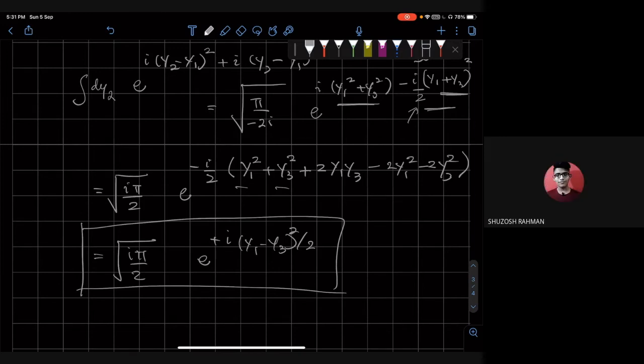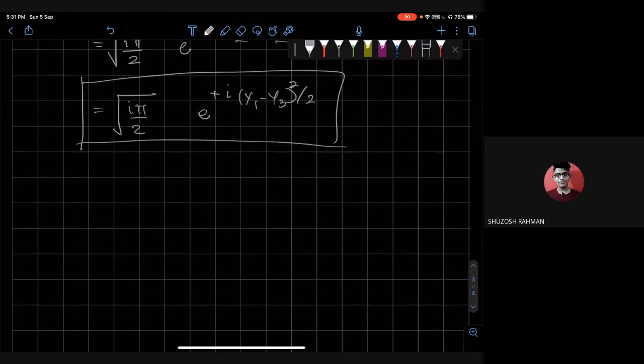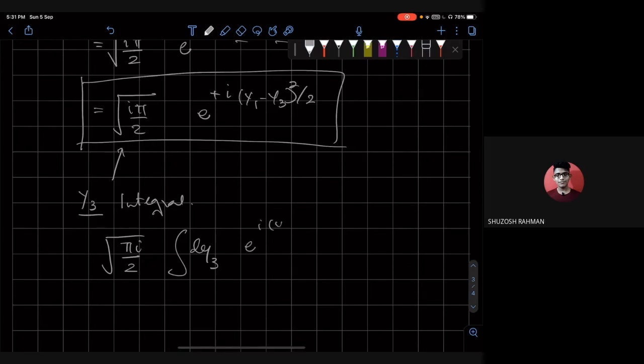No, sir. Okay, so now what do we do? We do the y3 integral. If I look at the y3 integral, there's already this factor, which is pi i by 2 square root, dy3, and then there is e to the power i, y4 minus y3 squared.